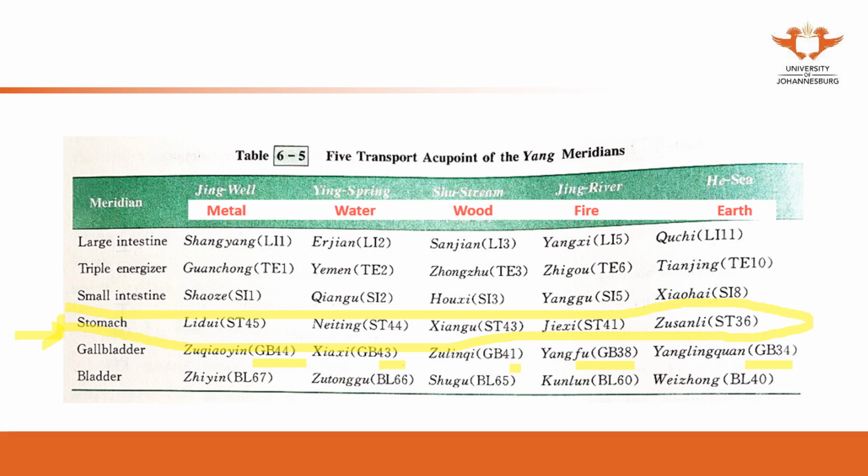Once you remember all these points, you can write them down, and then you will know this is the Jing well point, this is the Xing spring point, this is the Shu stream point, this is the Jing river point, this is the He sea point, and then you can apply these points in your treatments. Okay, so that's how to memorize these two tables.